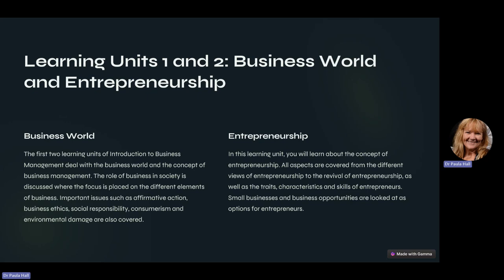So the entrepreneurship chapter is going to show you all about what it is like to be an entrepreneur, the skills, the resources, the types of traits that entrepreneurs need, and it's going to help you understand how you can start a business as an entrepreneur, and of course the significance and importance of entrepreneurship to the economy, and especially from a South African perspective.